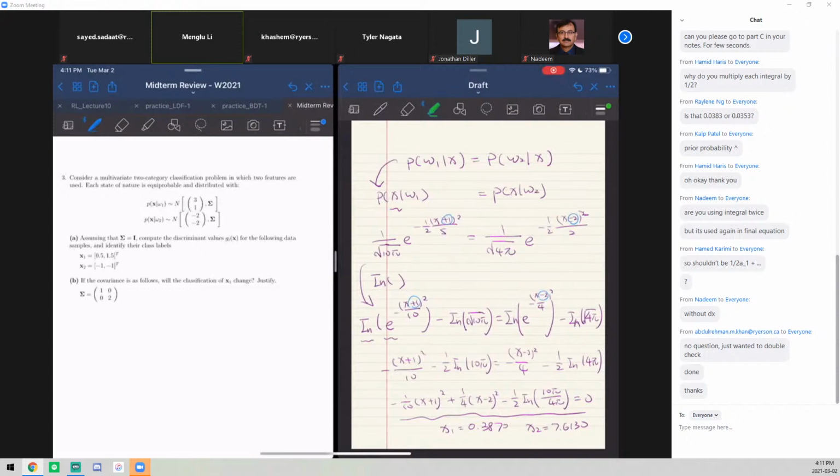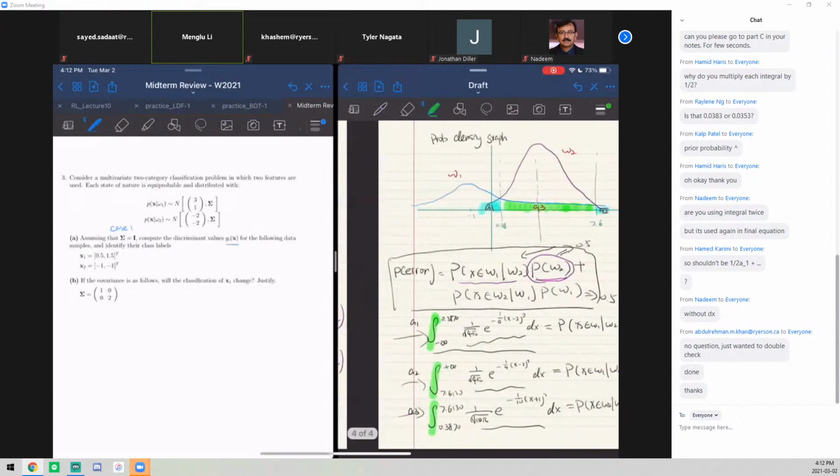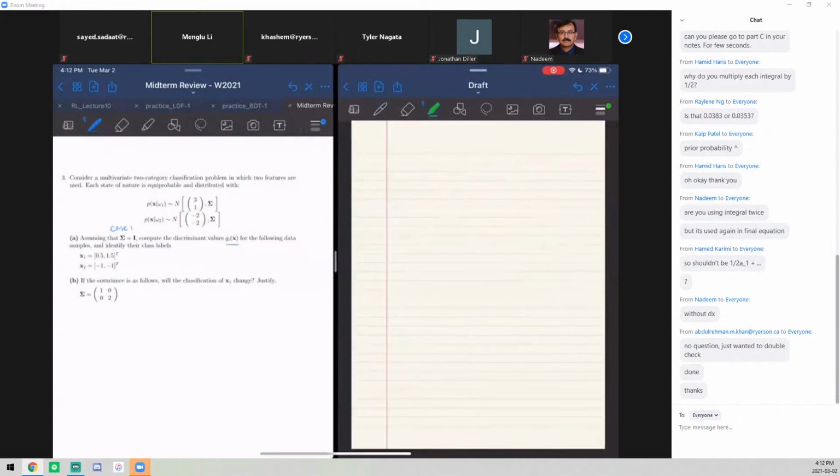Okay, so we just go to part A. We assume the covariance matrix equal to identity matrix. So we know it's case one. And compute the G function for the following data samples and then identify the class label.